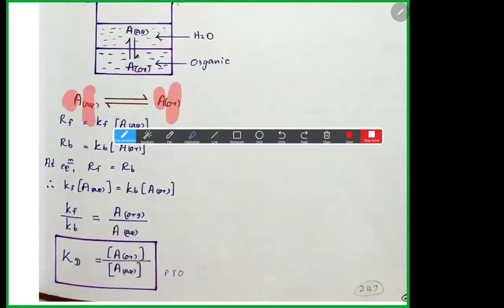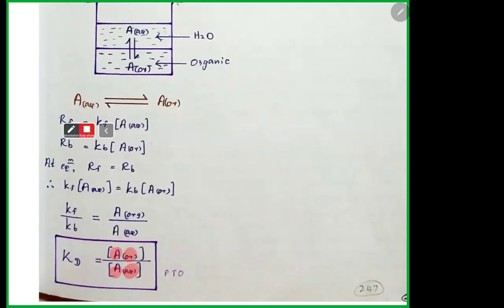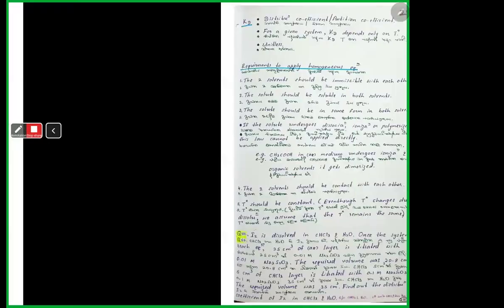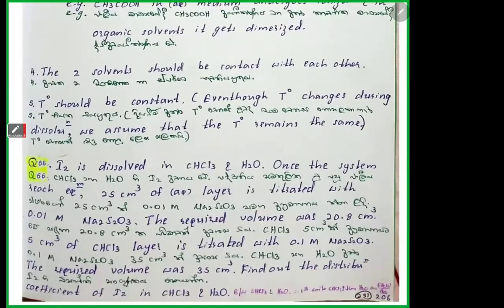Between them, you can make this equilibrium that is called the distribution equilibrium constant, KD, which is the concentration of one single thing but in two different media. You can read the requirements. Okay.